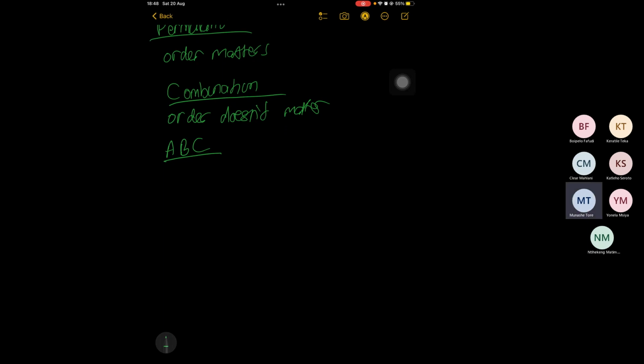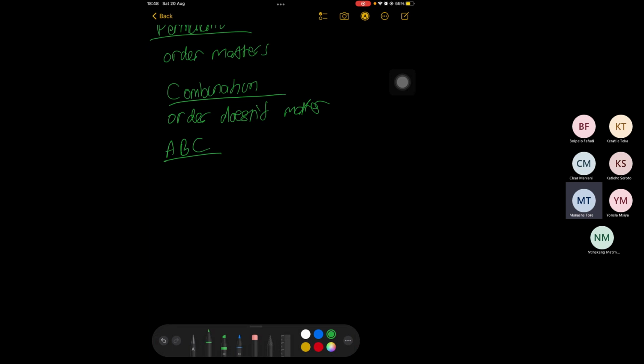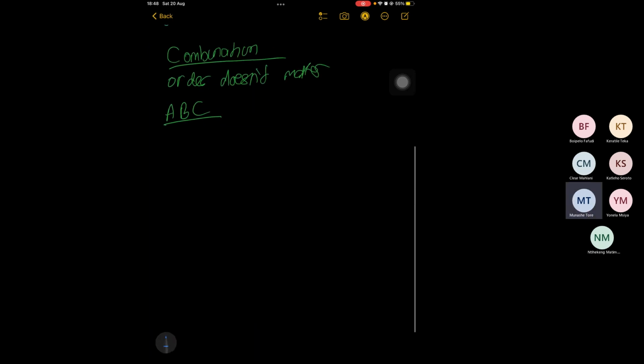Let's just do it the manual way. You have A, B, and C, and you want any 2-letter sequence or group. So you might have AB, AC, BA, BC, CA, and CB.